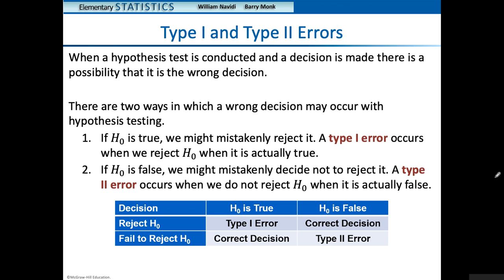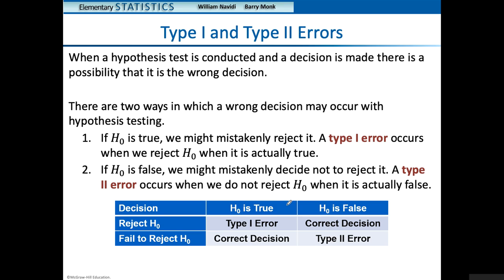So this little chart illustrates the two ways of making an error, but there's also two ways of making a correct decision, right? So you're going to make a decision about the null hypothesis, and that decision will be either to reject the null hypothesis or fail to reject the null hypothesis. And then the null hypothesis itself will be either true or false, right?